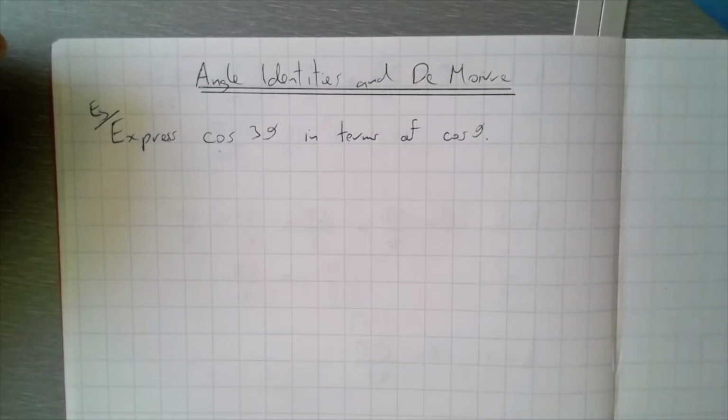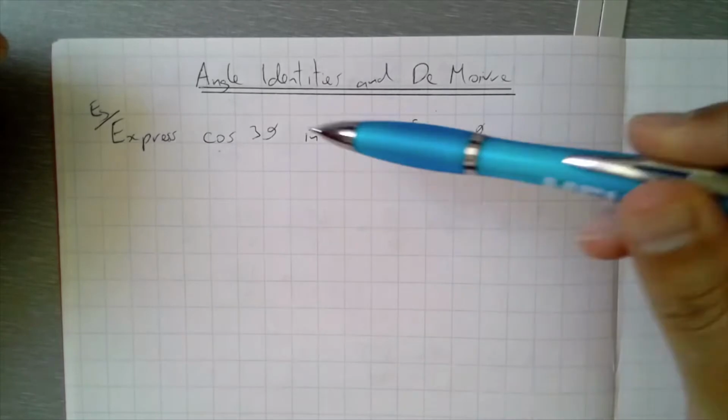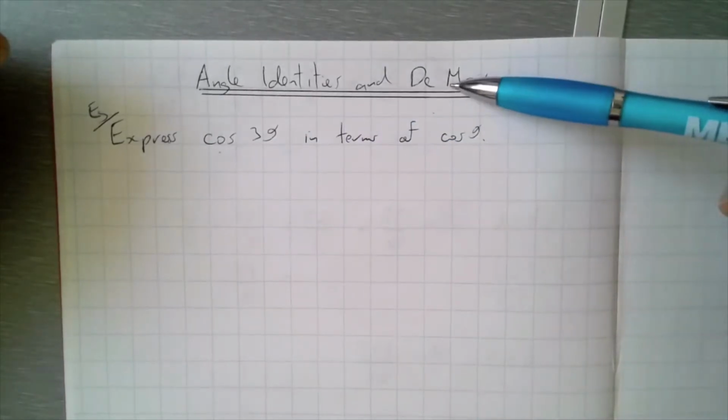So the best way to start thinking about this is by thinking, well, is there anything you know that links these two things together? And yes, there is. It's at the top here.